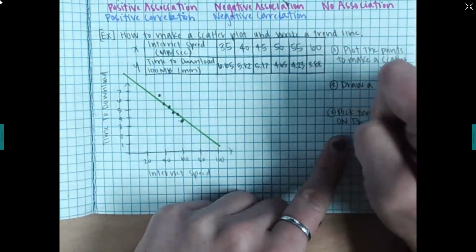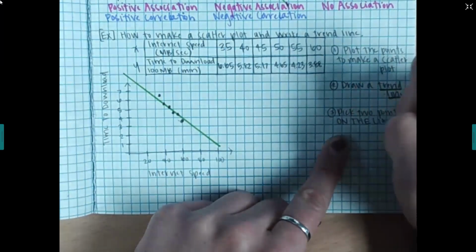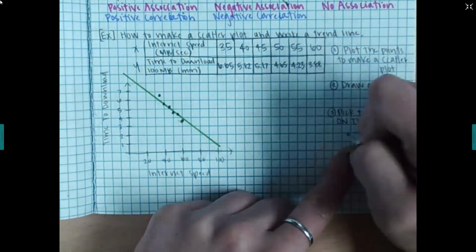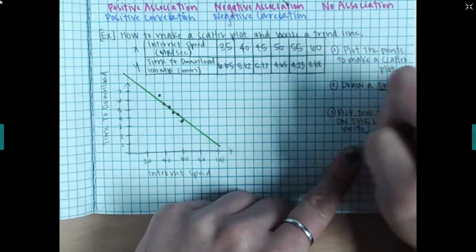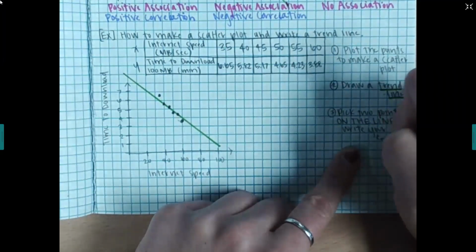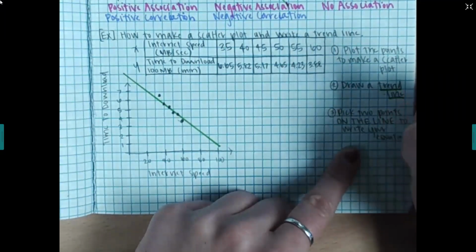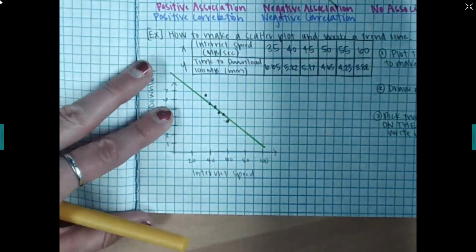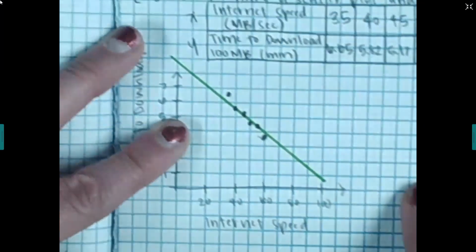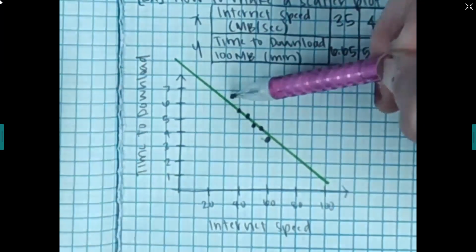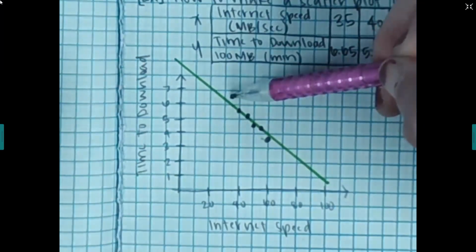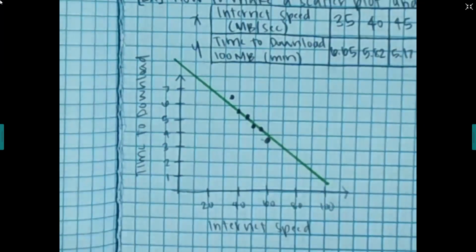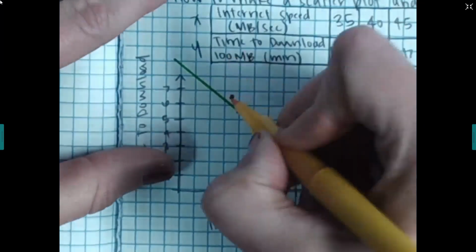It has to be on the line to write your equation. So when you draw your trend line, if you pick points like this, that's not actually on your trend line. So that's not going to help you write an equation for this green line. So I'm going to pick 2 points that are on that green line exactly.